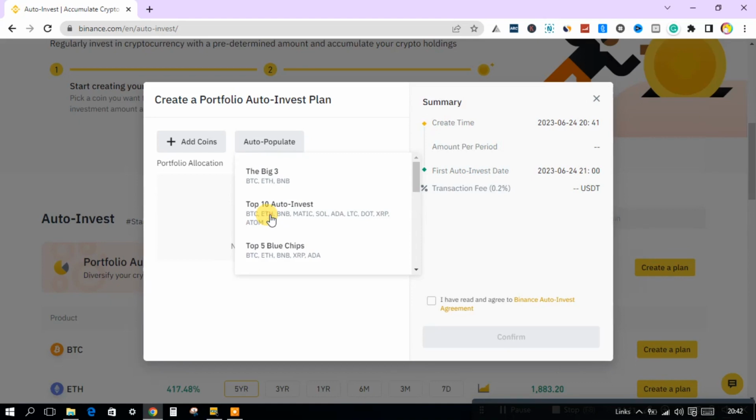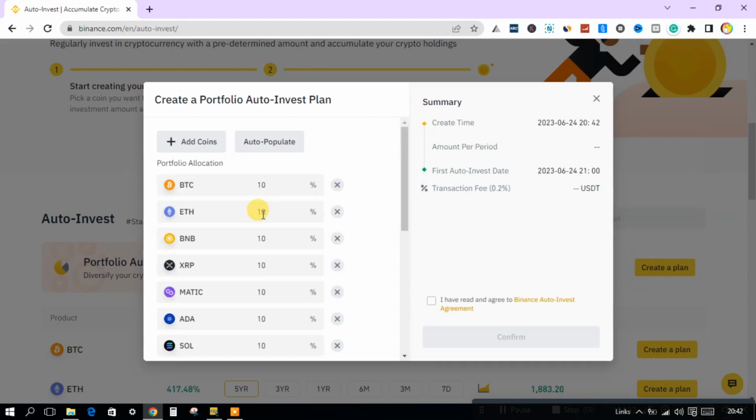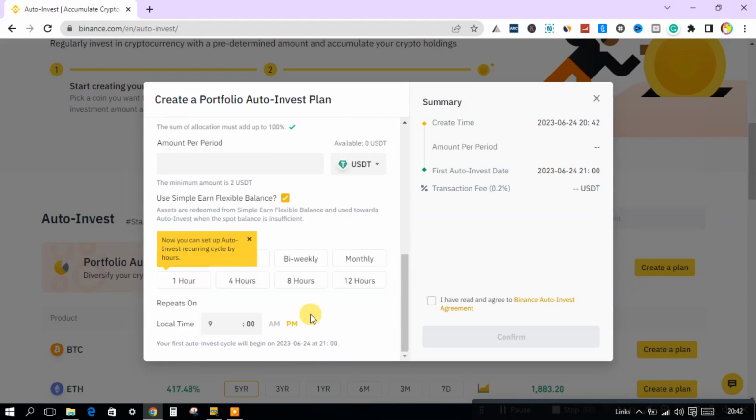They have selected the top 10 cryptocurrency that is rising currently. So you click on that, and your money is going to be divided into 10% for each cryptocurrency. The 10% that you see here means that you want to invest 10% of your assets in each.